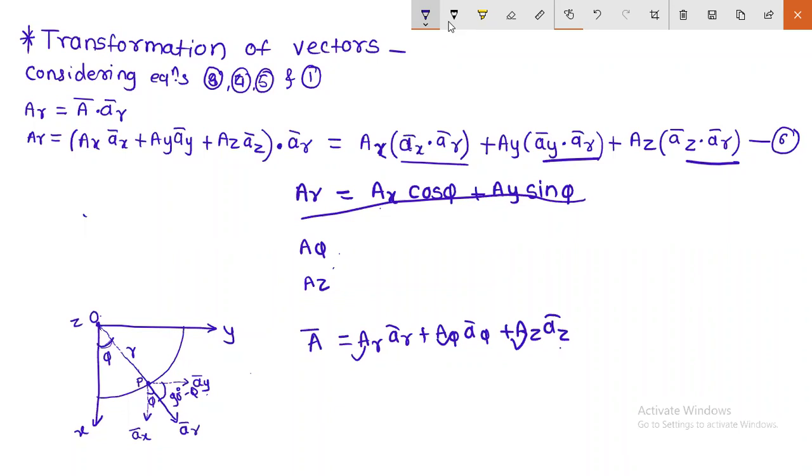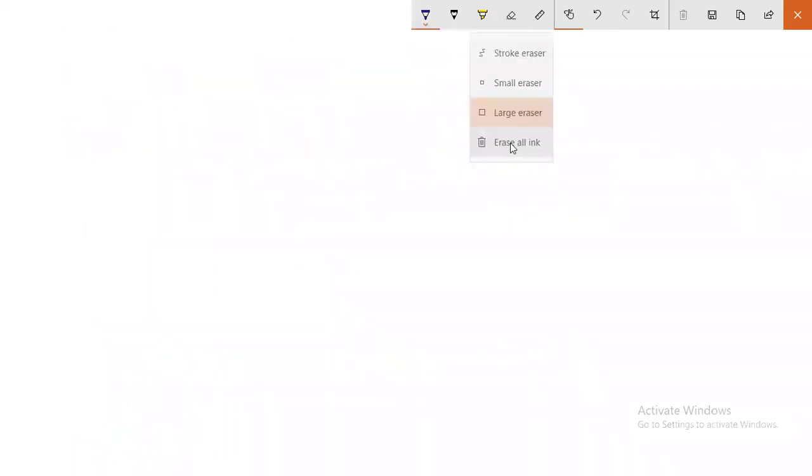And you have to remember that chart, so that you can transform any vector from any system to another coordinate system. Okay. So I'll erase all this and I'll show you one chart.